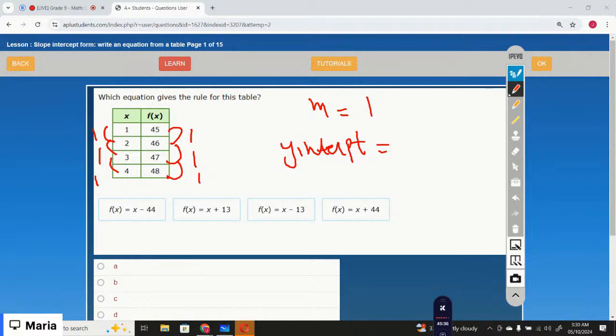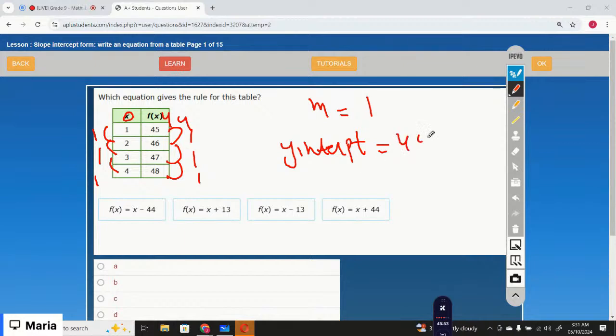So which is the correct option? That is the y-intercept. Also, you can find the y-intercept because you can see they are increasing by 1. So if you want to find the y-intercept, you can just subtract 1, go back 1. So that is 0 and 44.